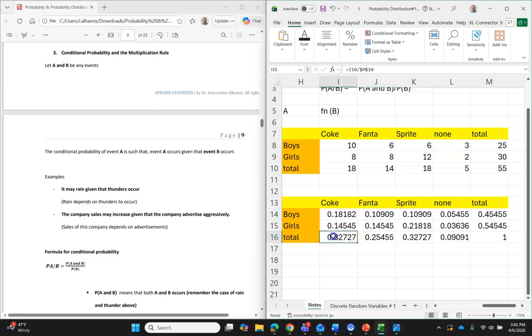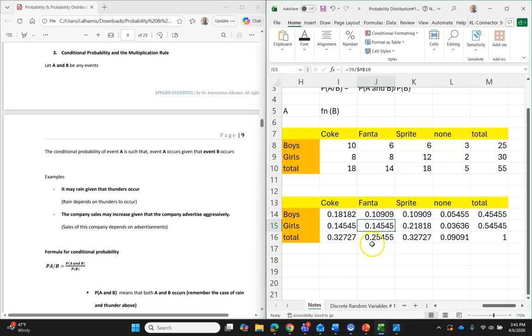And so when we add this total, the total for Coke, that means there is 0.32727 chance that Coke will be available. There is also 0.25 chance that Fanta will be available or will be purchased, where 0.10909 chance will go out to boys, and 0.14545 will be for girls.